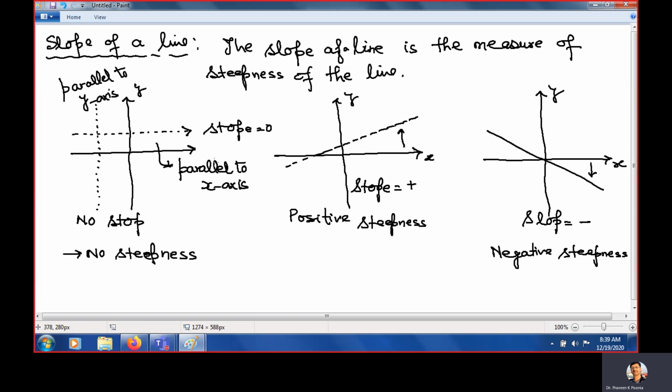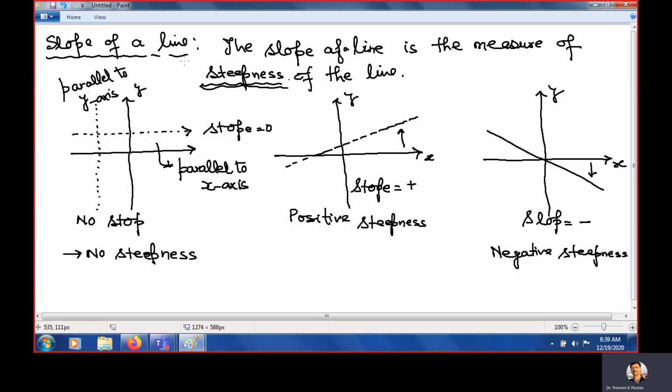Same as x-axis, parallel to x-axis; same as y-axis, parallel to y-axis. And if it is neither parallel to the x-axis nor the y-axis, then it has a slope. Then it has a steepness.